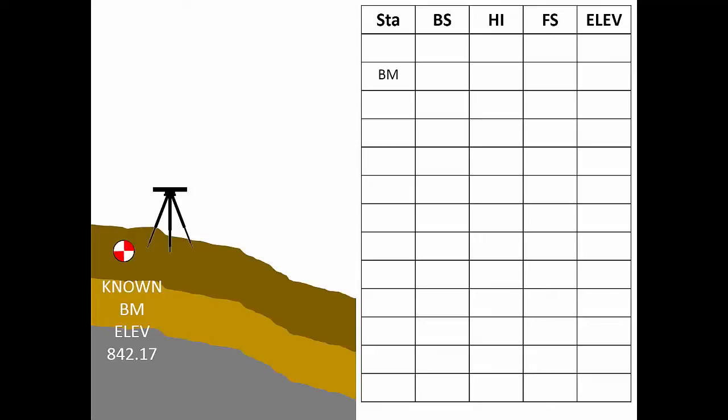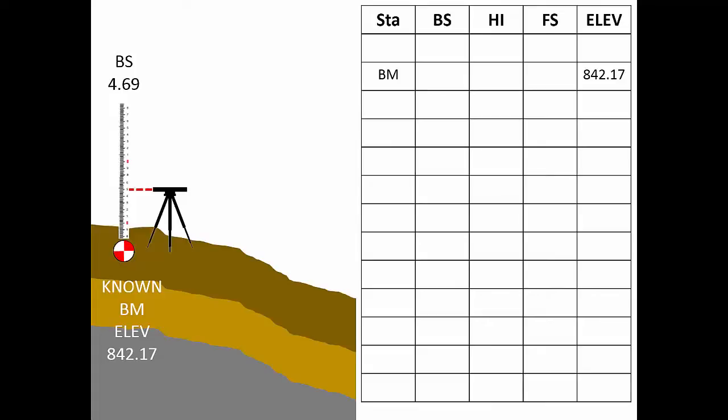In the notes, we'll record the rod location, in this case, BM for benchmark, in the station column. Since the benchmark elevation is known, we'll record that in the elevation column. Our first rod reading is 4.69 feet. Since this reading is taken on a point of known elevation, we call it a backsight.